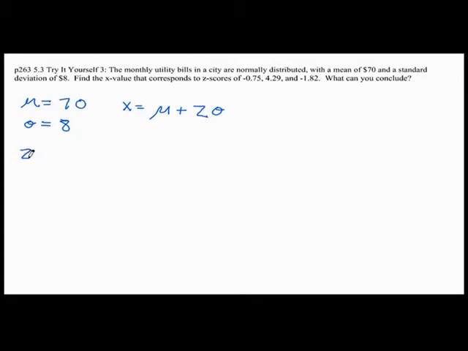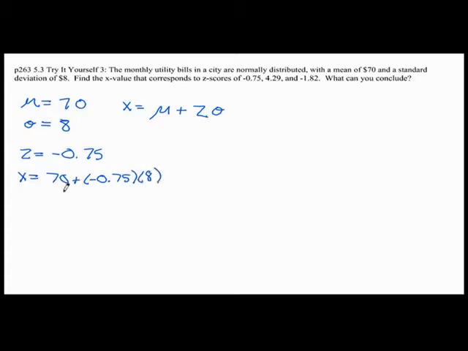And so for z equals negative 0.75, we're just going to calculate x equals 70 plus the negative 0.75 times the 8.